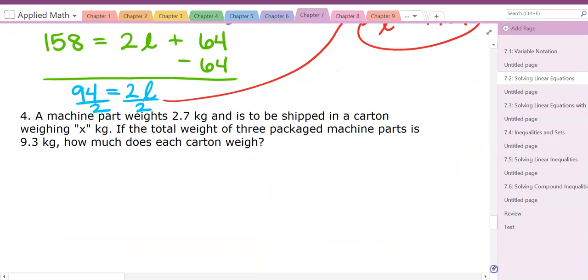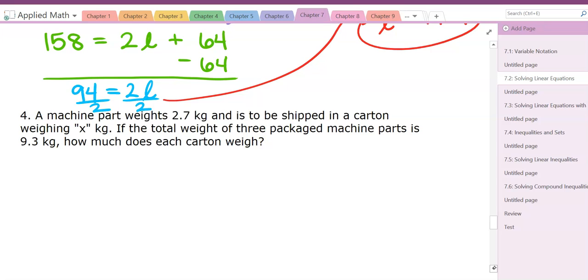Last one here. A machine part weighs 2.7 kilograms and is to be shipped in a carton weighing X kilograms. If the total weight of 3 packaged machine parts is 9.3 kilograms, how much does each carton weigh? So to figure this out, you're taking the part weight plus the box weight to get the total.